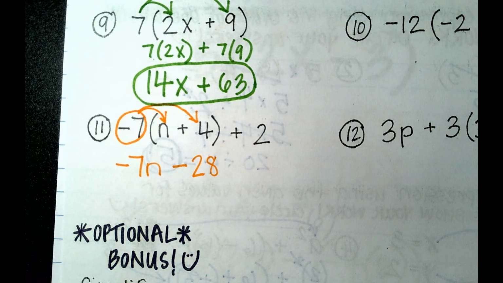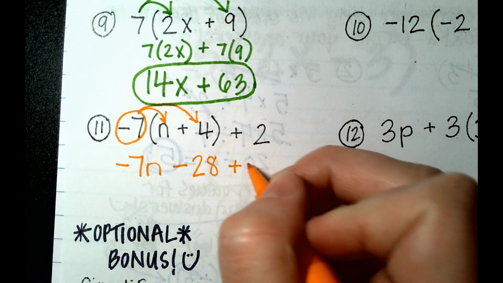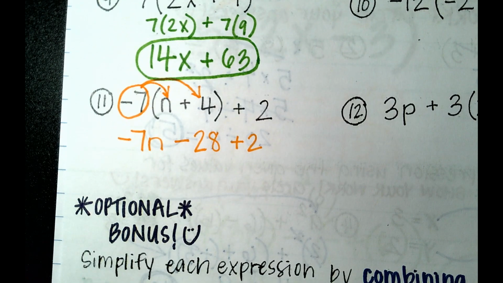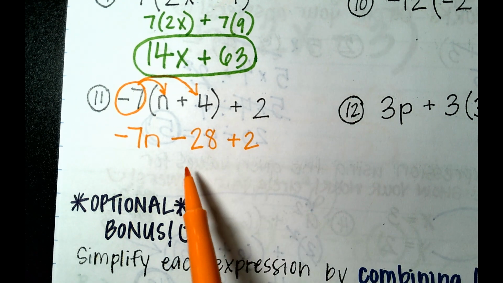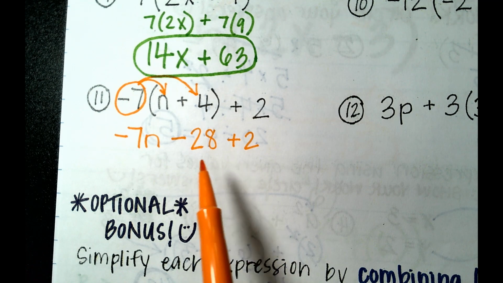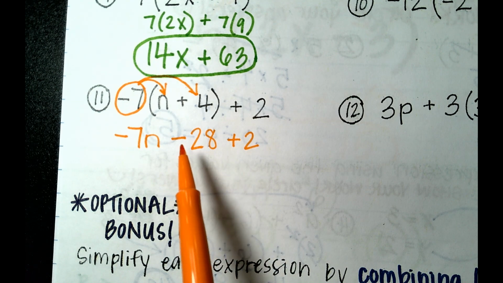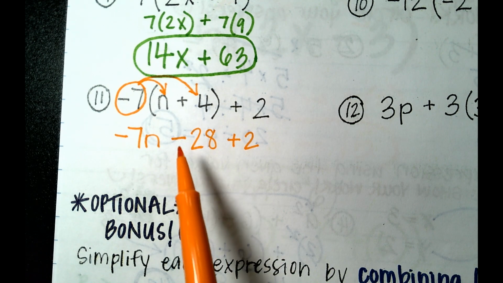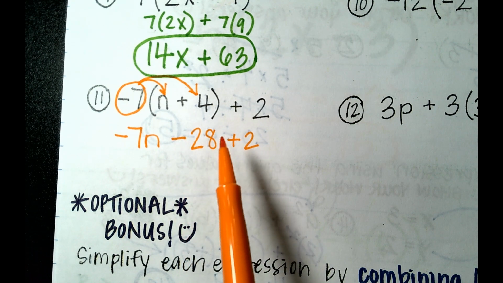Now, negative 7n minus 28 plus 2. Bring that down. Am I done? No. What do I need to do still? Minus 28 plus 2. Now we need to be super careful when we do this because what we have here is minus 28.